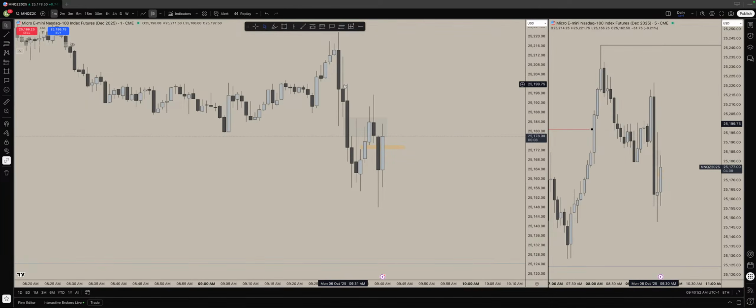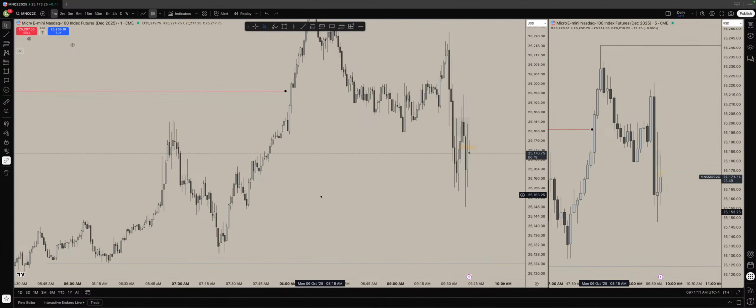There are no buy options here. Buy options. Sounds like I'm trading options. There's nothing here that points to me getting in long unless this is broken or taken out. And by taken out, I mean closed above.